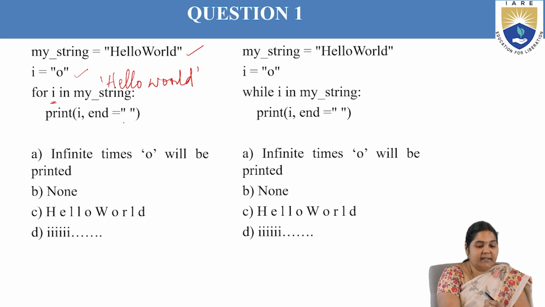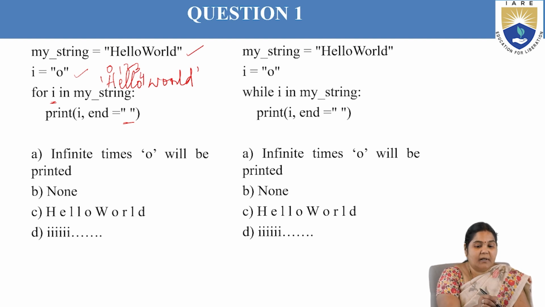So, H, then there is a space. Next time I will have the value E, then it will print. Like that, this for loop is going to iterate till it reaches the end of this string. Based on the index, first time I value will be H, second time E, third time L, again L, and so on.